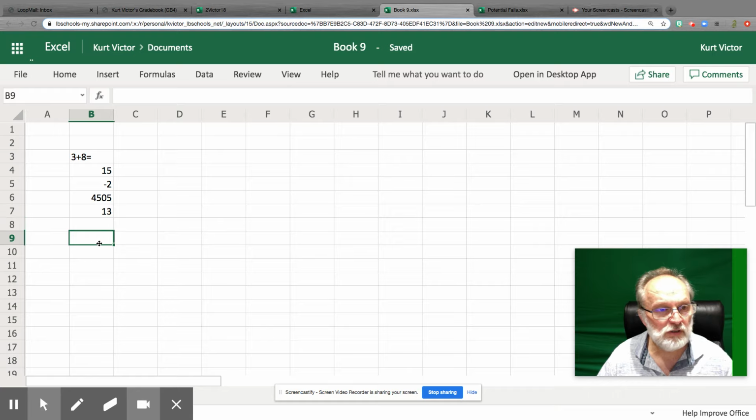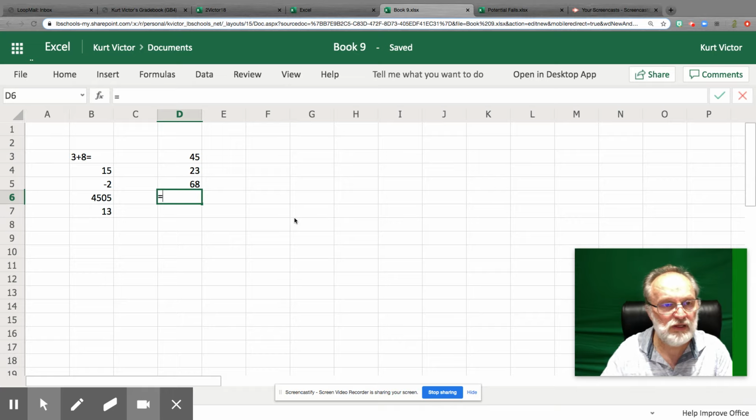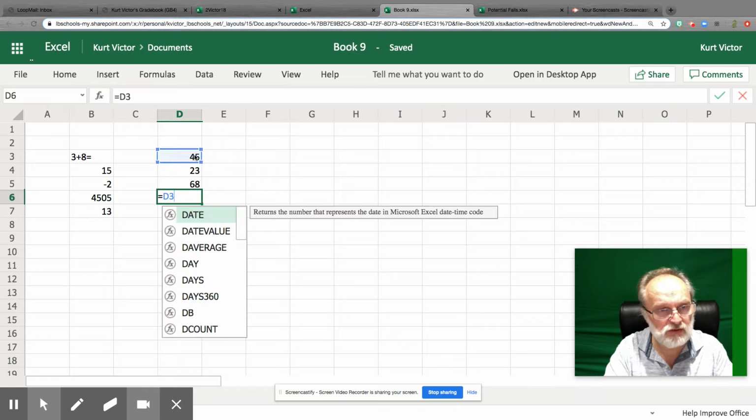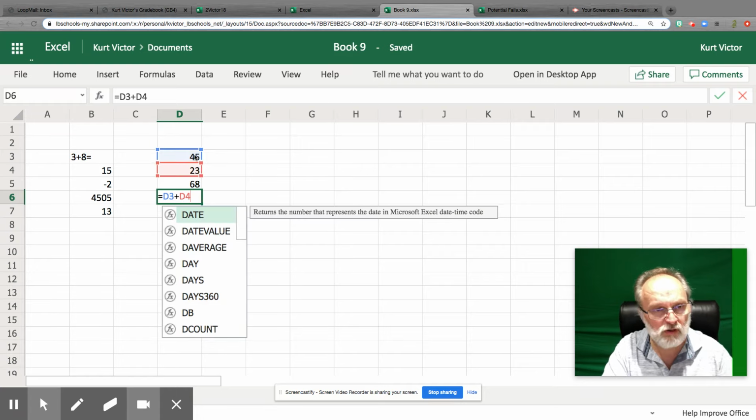You could also have something kind of like a variable by, instead of using absolute numbers like 3 and 12, you can add, subtract, multiply other cells. Like if I wanted to add 45 plus 23, I could either type equals 45 plus 23, or I could type equals, the 45 happens to be in cell D3, so I can type D3 plus the contents of cell D4.